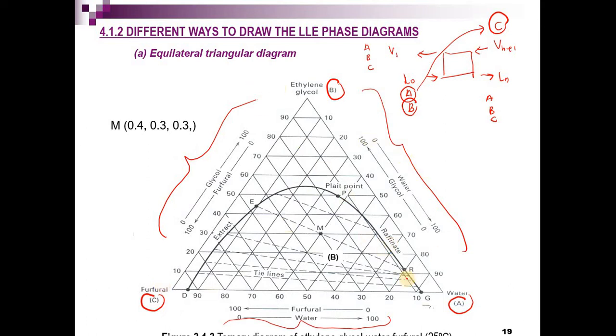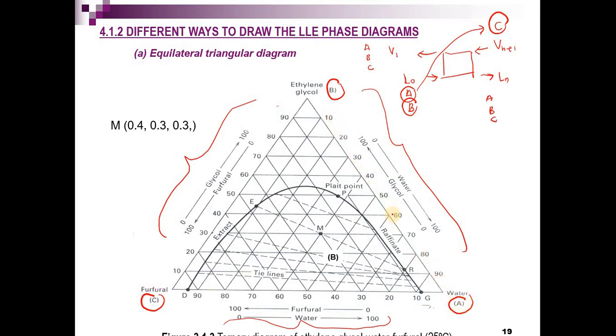But in this system, the water is set at this side, ethylene glycol at this side, and furfural at this side. How can I know which axis represents water and which axis represents ethylene glycol? If you can see here, this is 10, 20, 30, 40, 15, 16, 17, 18, and 19, and this is water.